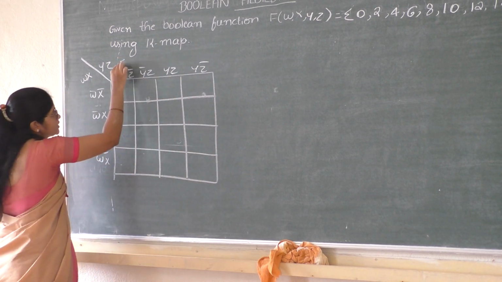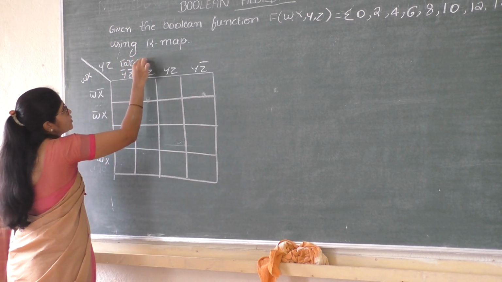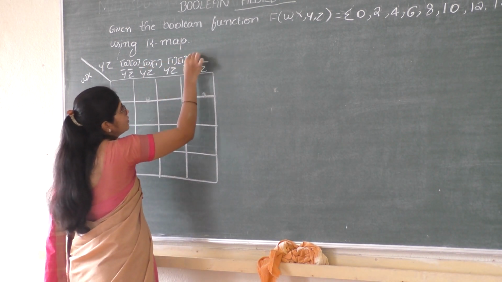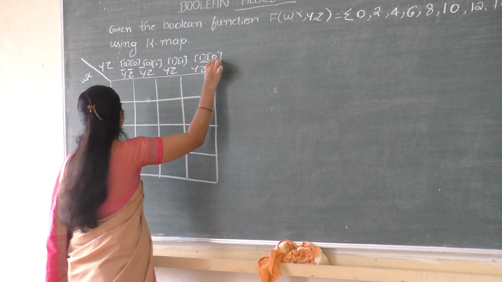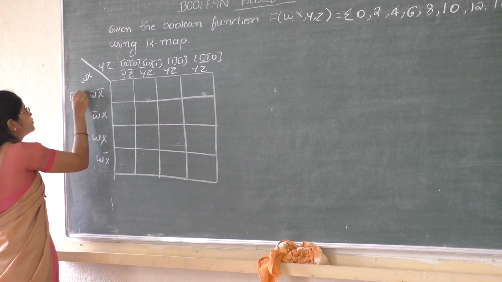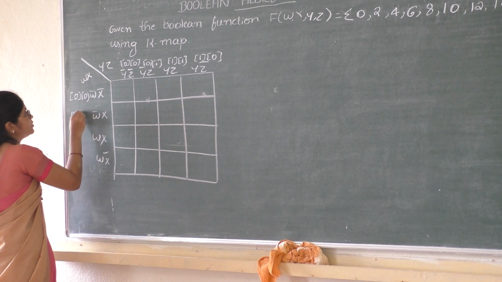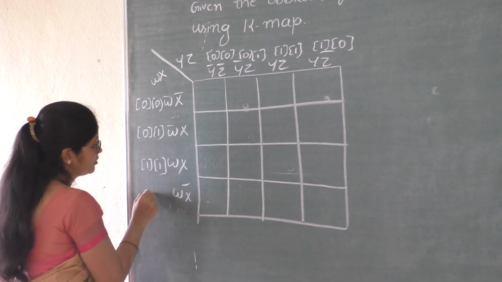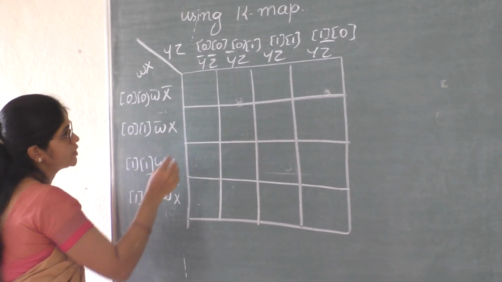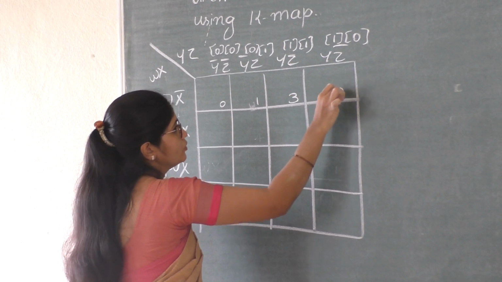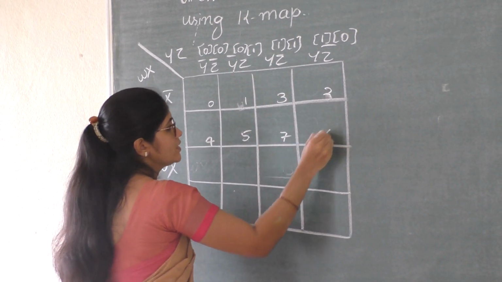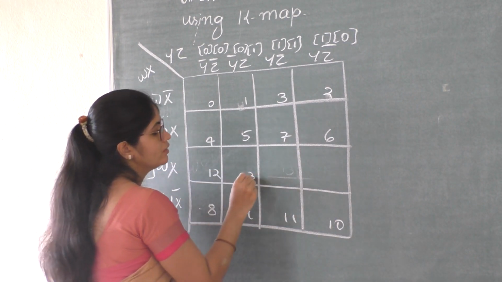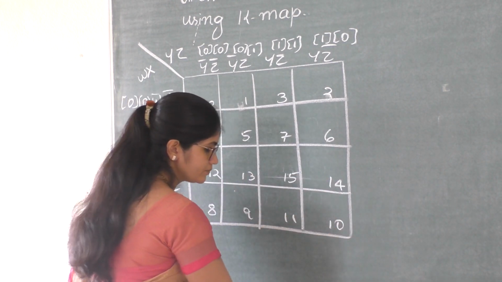And values of the variables are 00, 01, 11, 10 and 00, 01, 11, 10. Numbers of the squares: 0, 1, 3, 2, 4, 5, 7, 6, 8, 9, 11, 10, 12, 13, 15, 14.